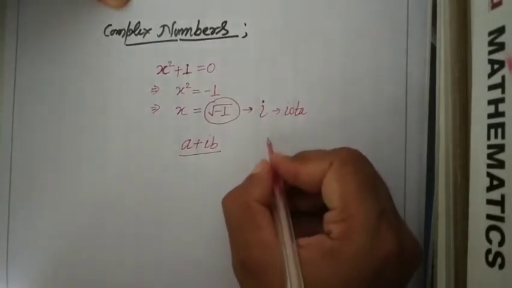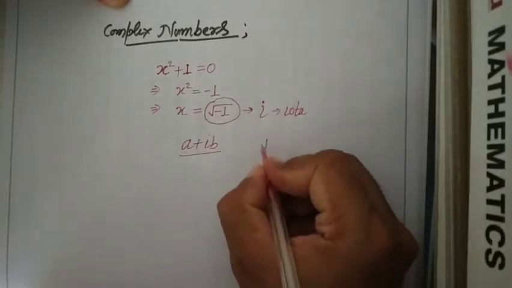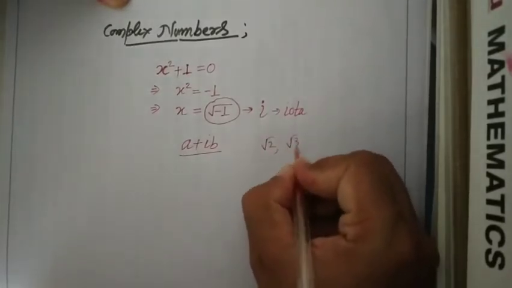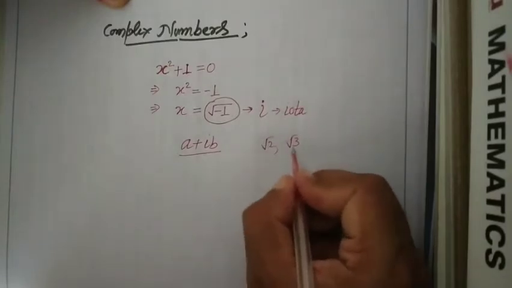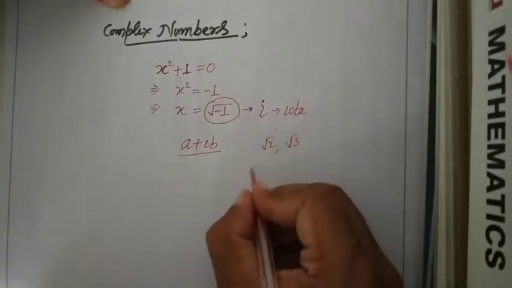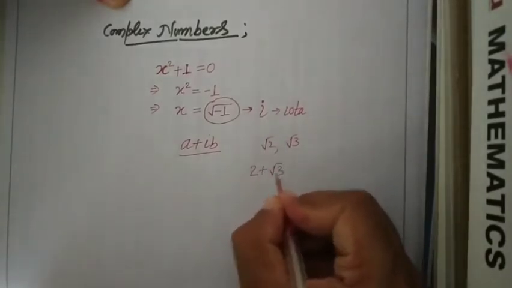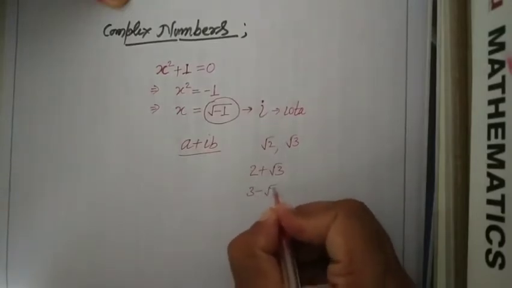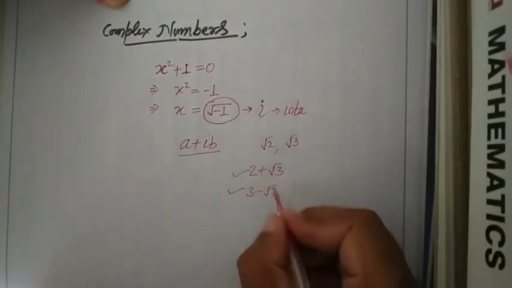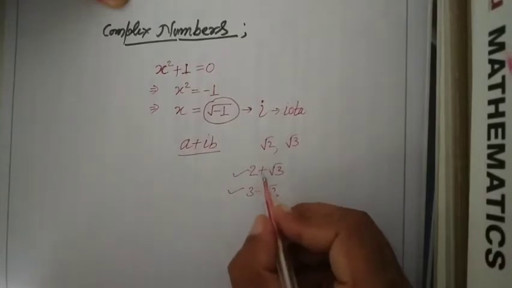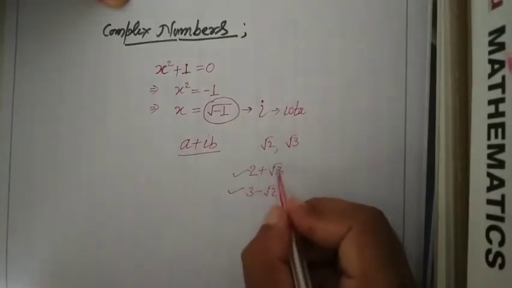Just like you are familiar with the irrational numbers root 2 and root 3, wherever these irrational numbers are written with some rational number like 2 plus root 3 or 3 minus root 2, all these become irrational, because we know that the sum of rational plus irrational becomes irrational.